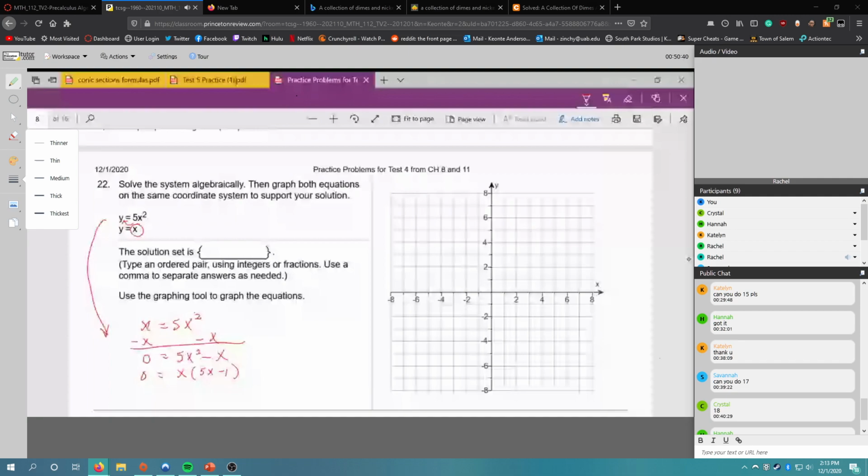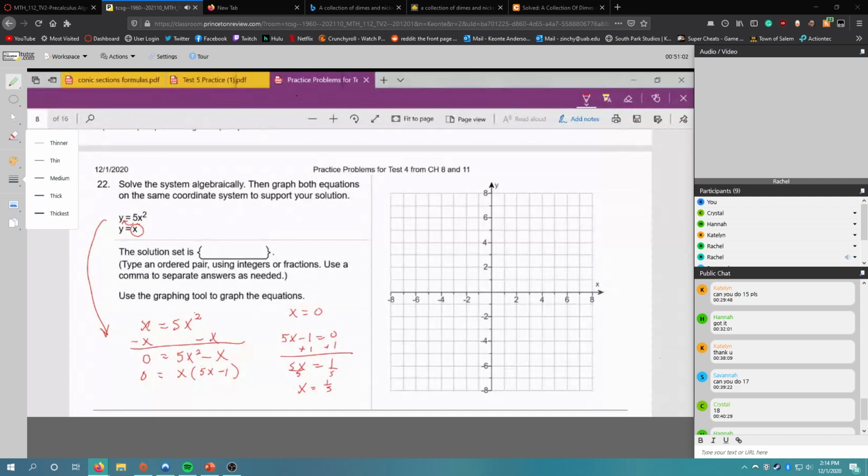So x equals 0 is one solution. Add 1 to both sides, and I get 5x equals 1. x equals 1/5.